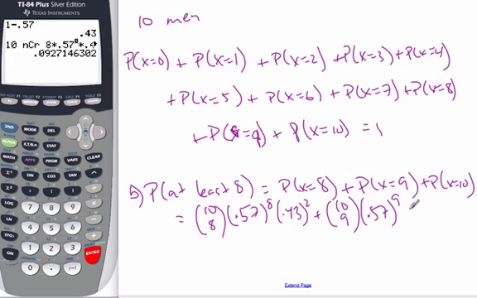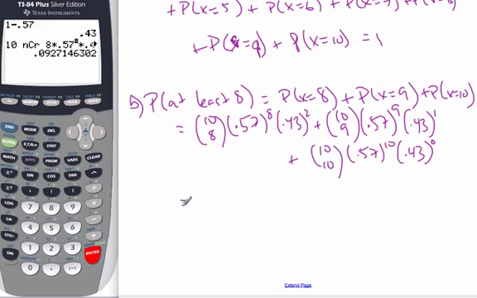I want 9 successes and 1 not success. And 10 choose 10, 0.57 to the 10, and I want 0 failures. If I calculate all this and add them up, I will find the probability of at least.